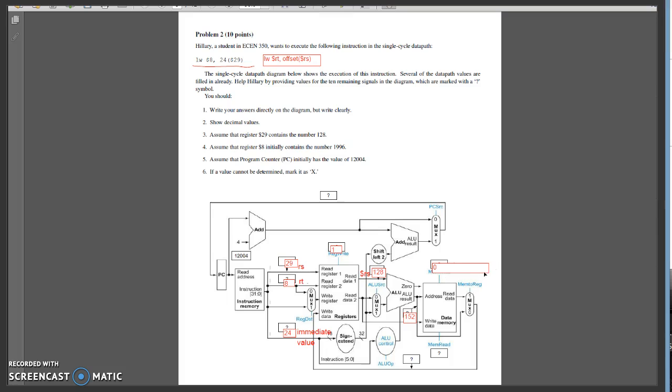On the other hand, MemRead is 1 because we're reading a value in data memory and writing it to a register. From that explanation, we get MemRead as 1, but we also get MemToReg as 1, even though it didn't ask for it.